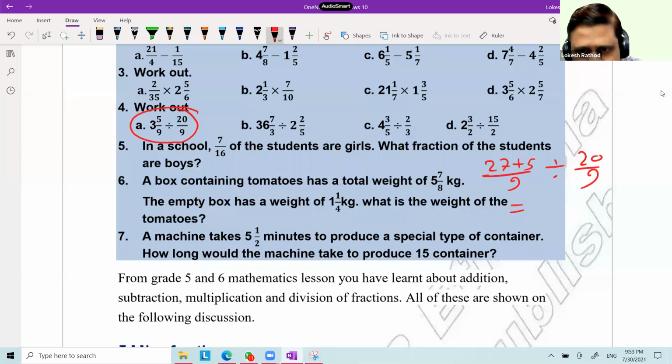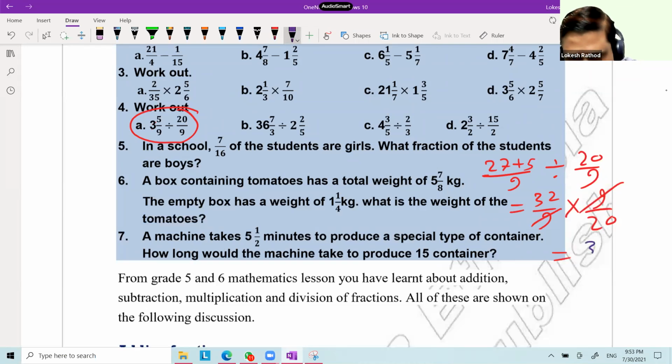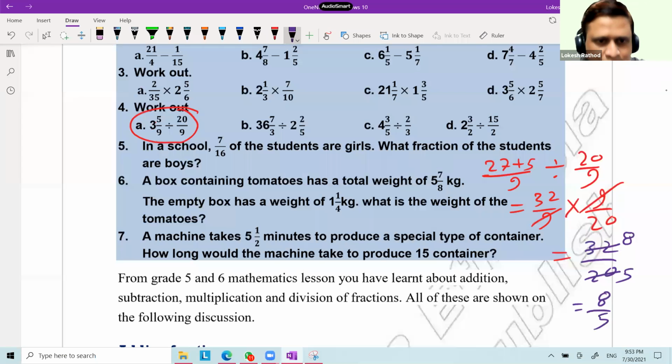That is nothing but 32 over 9 multiplied by 9 over 20. Then you cancel this and the answer is 32 over 20. If you can simplify it, you can do it again. 32 over 20, cancel it by 4: 8 4s are 32, 5 4s are 20. That is how you can do it.